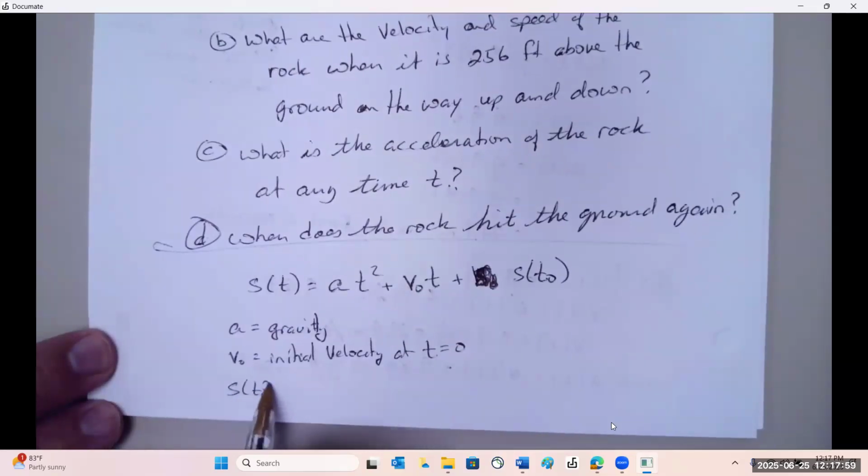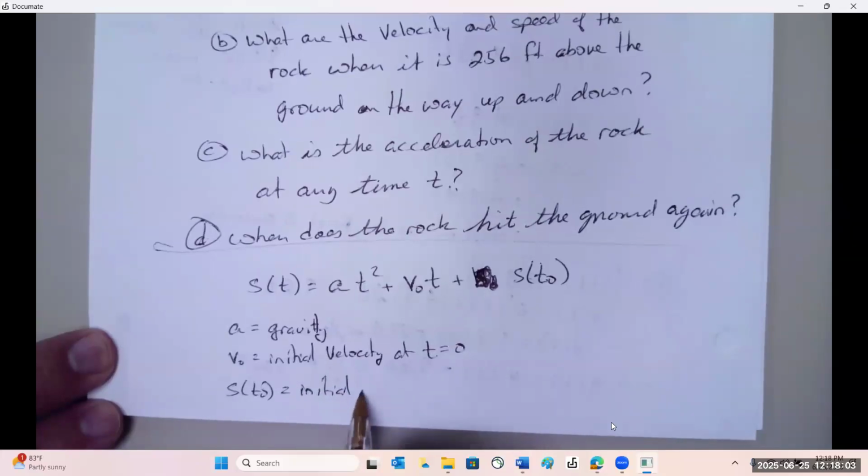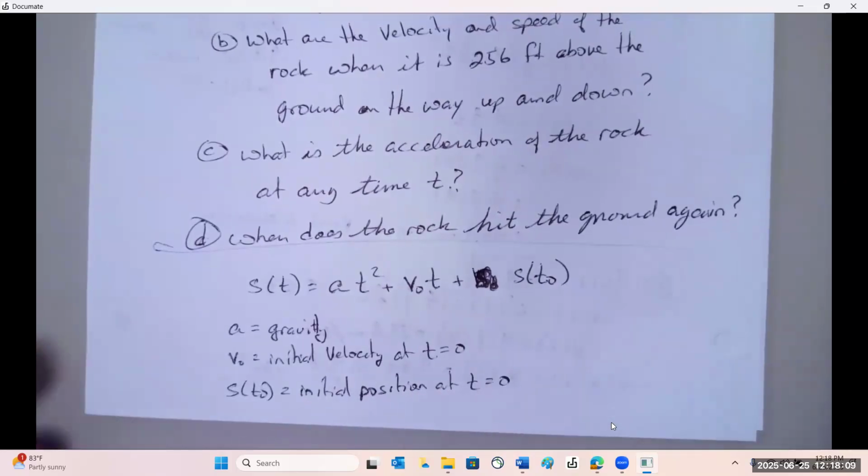And S of T0 is the initial position at T equals 0.